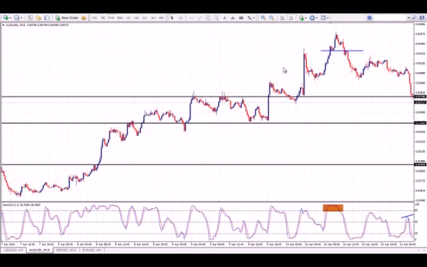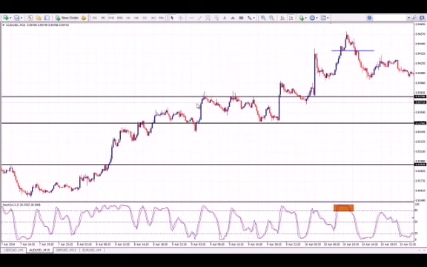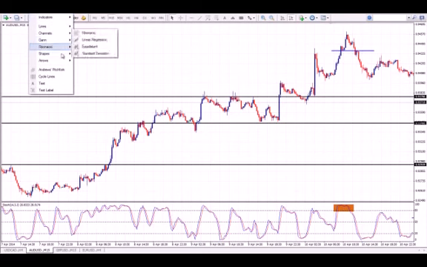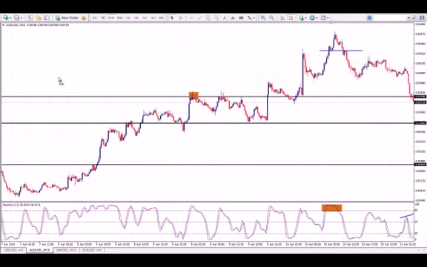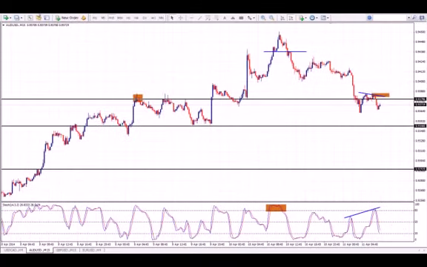Okay, now this is a ranging market. And this is the most basic use of the stochastic oscillator. We hit the top here, and we hit an overbought reading on the stochastic oscillator.